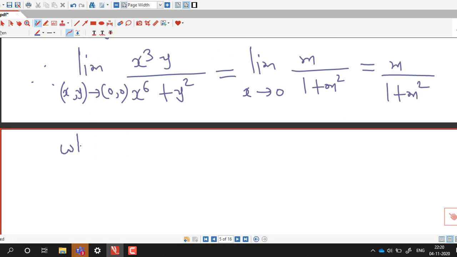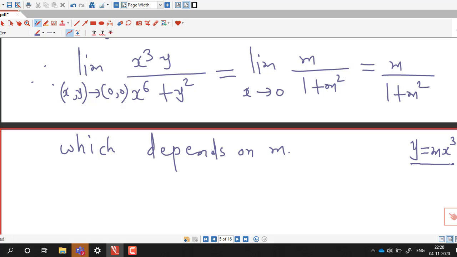So we have the limit which depends on m. That means the limit is different for different values of m. That means the limit is different along different curves, different cubic curves, y equal to mx cube. So for different values of m we have different cubic curves passing through origin.